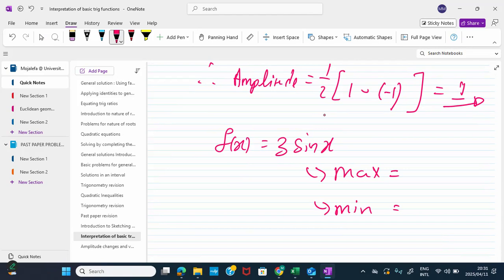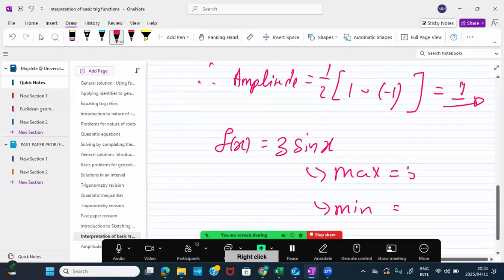What is the max for that graph? It's going to be 3.